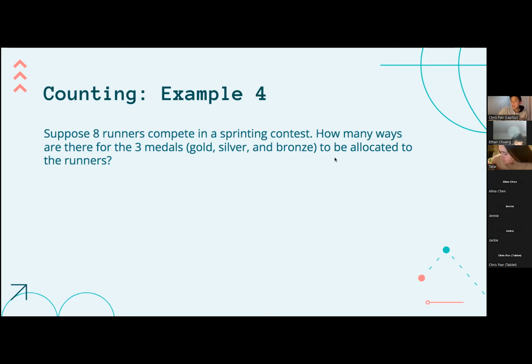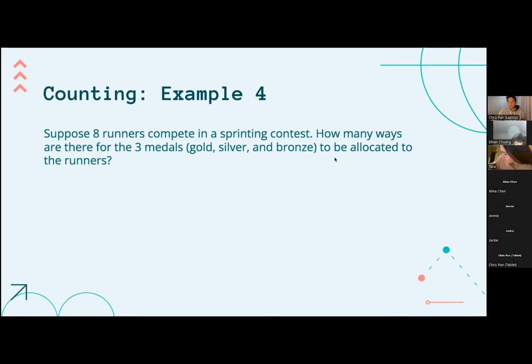And actually, this is 8 factorial divided by 5 factorial. If you imagine listing out 8 times 7 times 6 times 5 times 4 times 3 times 2 times 1 over 5 times 4 times 3 times 2 times 1, the tail of the 8 factorial cancels out with the 5 factorial, and you're left with 8 times 7 times 6.